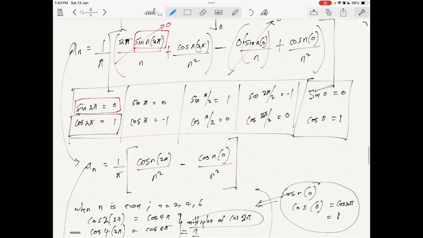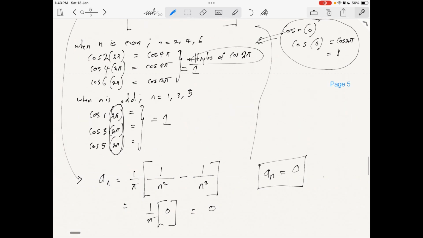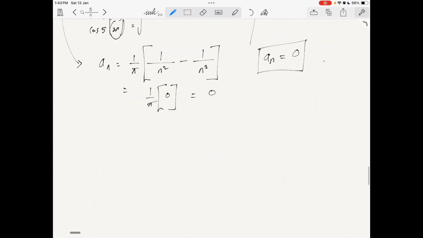The next thing to do is to evaluate bn. And bn from the formula is 1 over pi integral from 0 to 2 pi of f of x sine nx dx. And remember, we are dealing with f of x is equals to x.